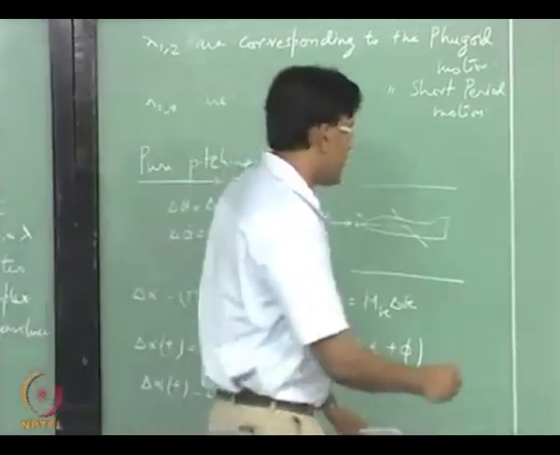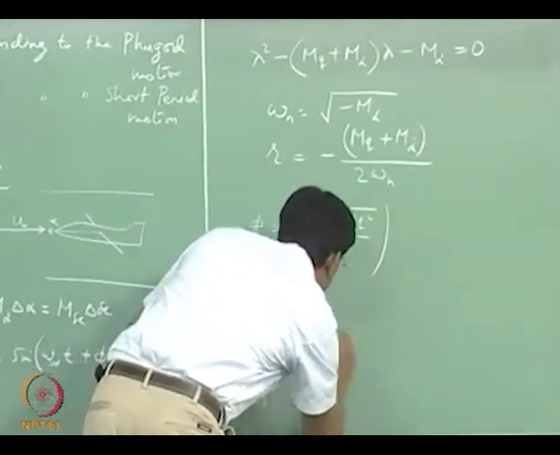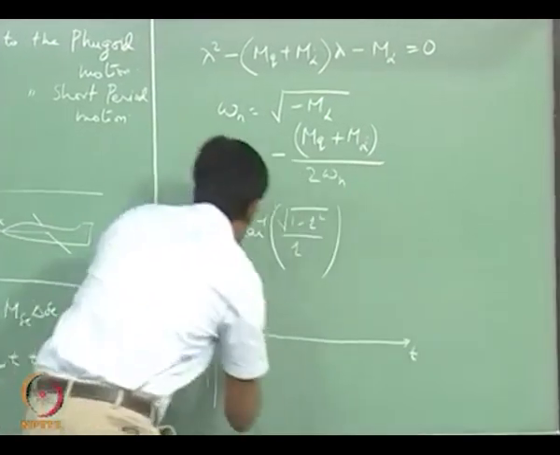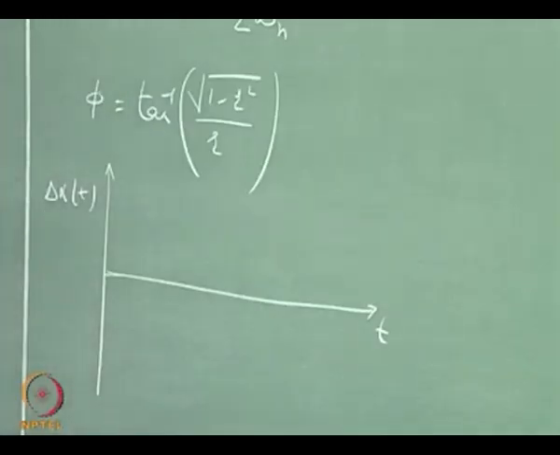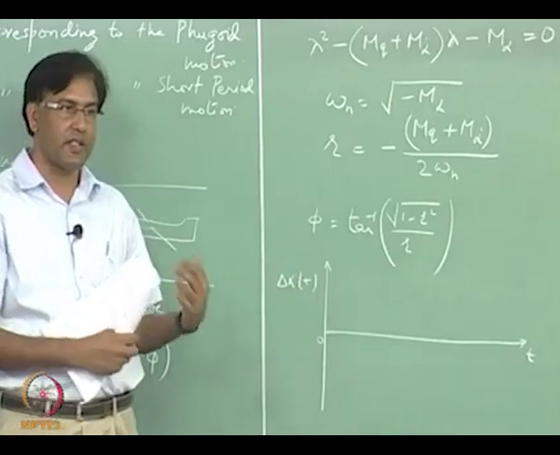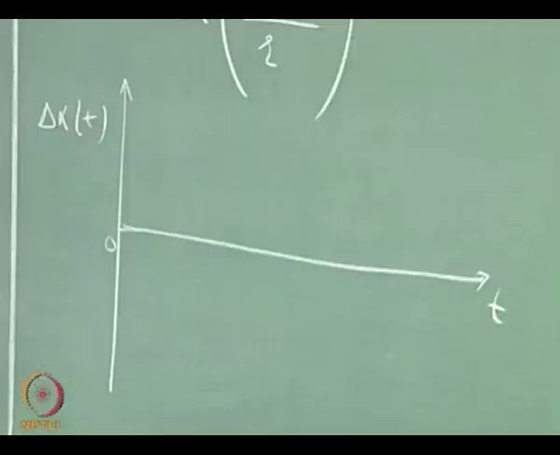So, if you want to plot the response, which is the perturbation time response of the perturbed variable delta alpha.